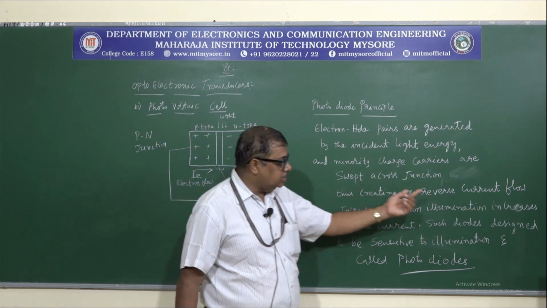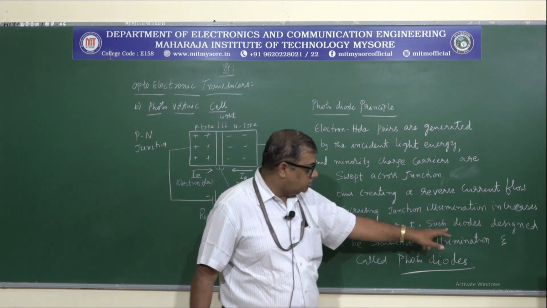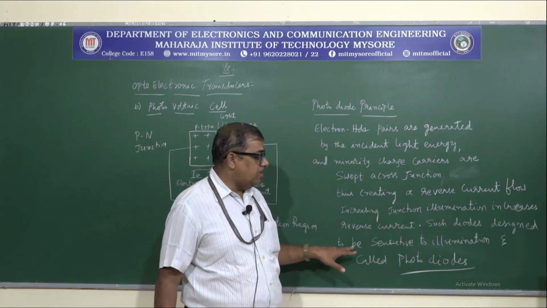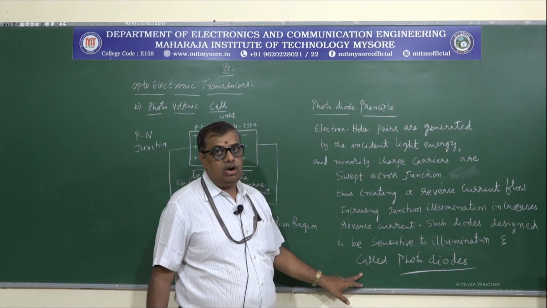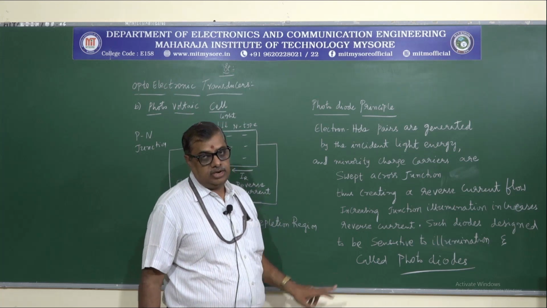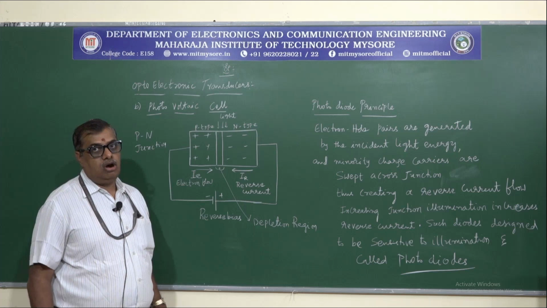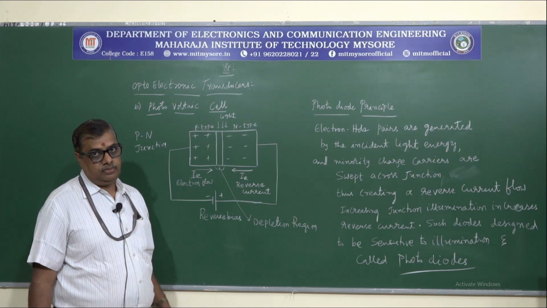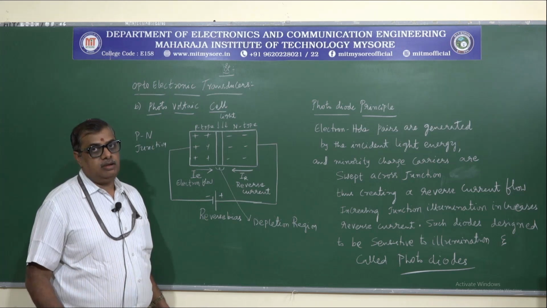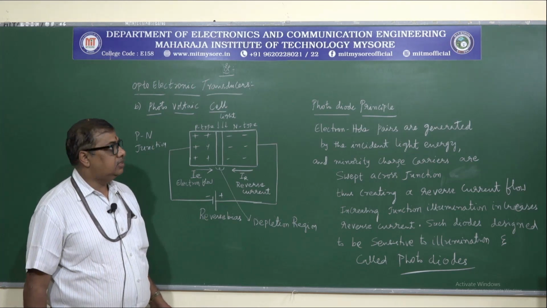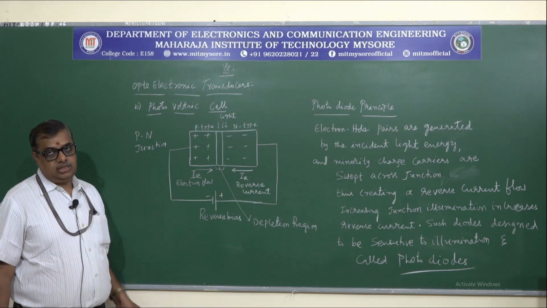Such diodes designed to be sensitive to illumination are called photodiodes. So diodes which work on the light principle are called photodiodes. Usually, photodiodes work in the reverse bias condition. So this is the second type of optoelectronic transducer.